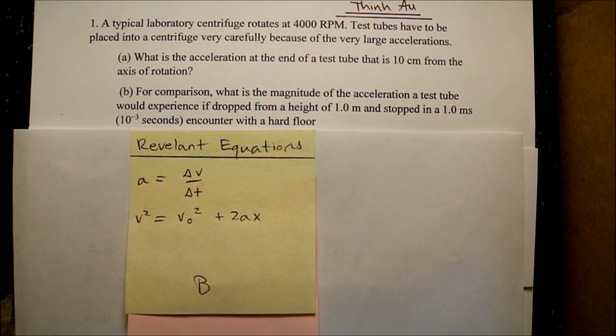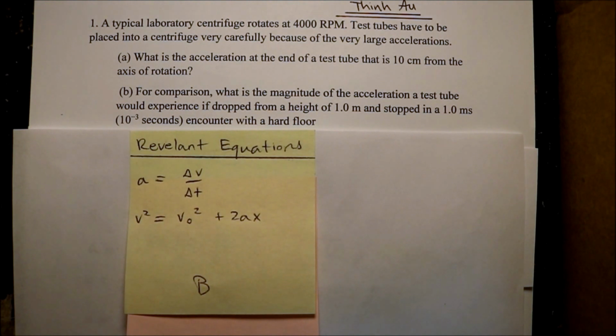We have acceleration equal to delta v divided by delta t, where delta v is the change in velocity, final velocity subtract initial velocity, and delta t is the time of the stop. Lastly, we have a kinematics equation: v squared equals v initial to the second power plus 2ax.